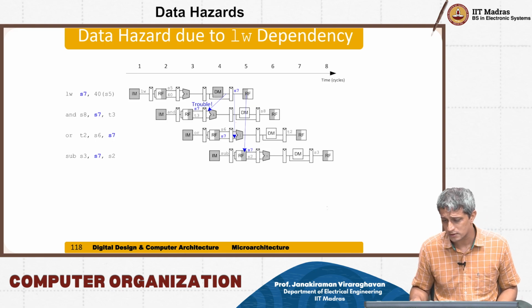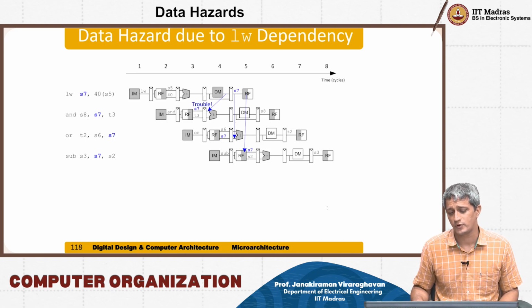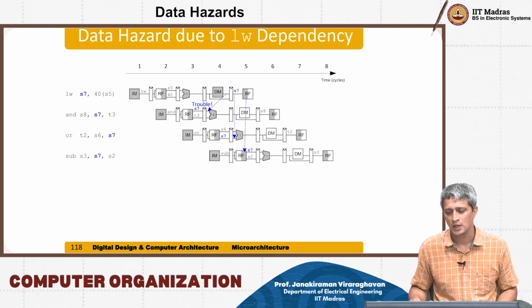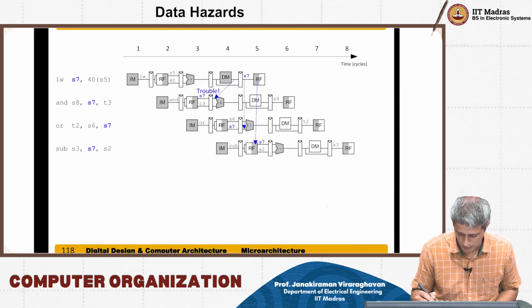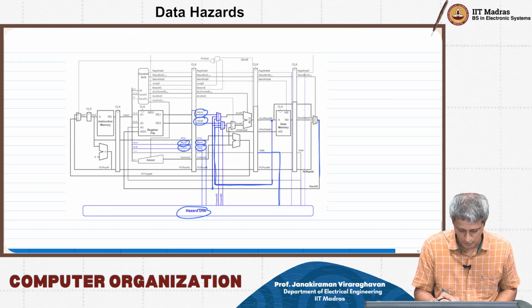So if you look at this, what we are talking about here, you have the sequence of instructions LW S7, 40 of S5. So you're doing S5 plus 40, and the contents of that go into S7. So again, let's maybe take this over here.